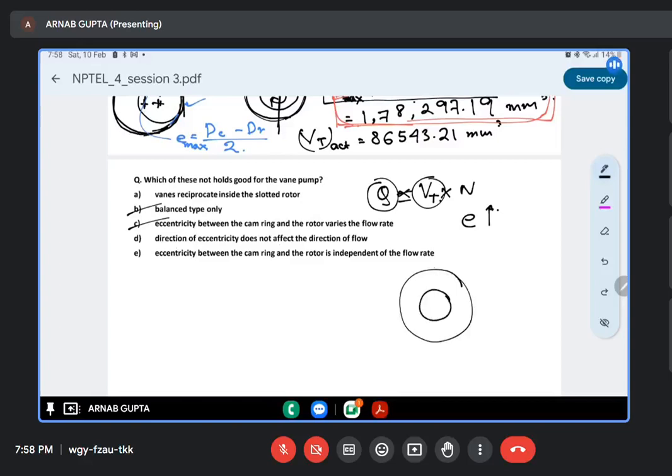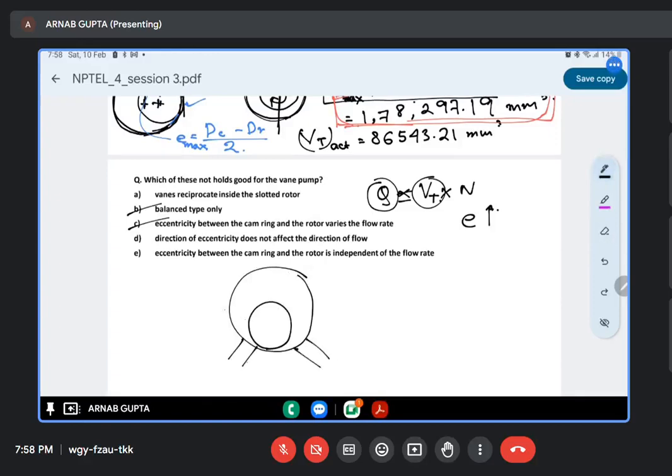this is your neutral position. You're showing it like this. So this is the center of the cam ring. This is the center of the rotor. So this is E, say. When there is no E, it will look like this.